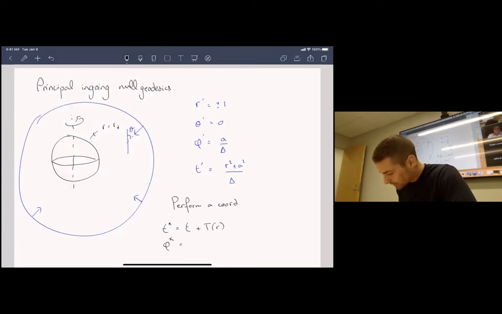And what that means is that the only variables you need to change are just t and phi. And what you do is you change them by functions, big T and big A, which basically mimic the geodesics, right?